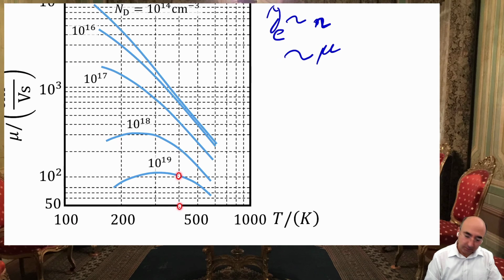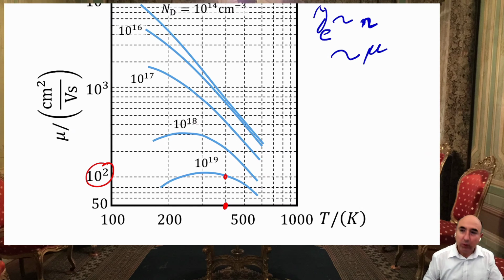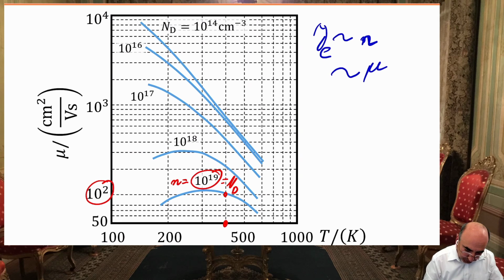We have, at this temperature, this mobility, 100, at this doping level. And if we have an almost intrinsic one, let's take this value. So I'm simplifying the value. So at this value, we are here.